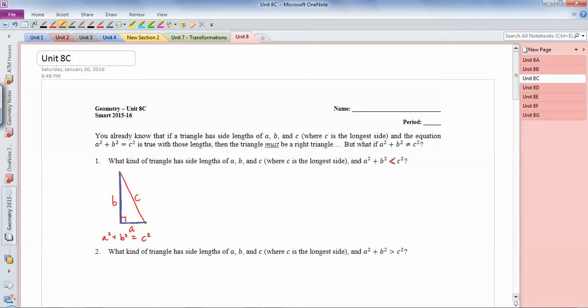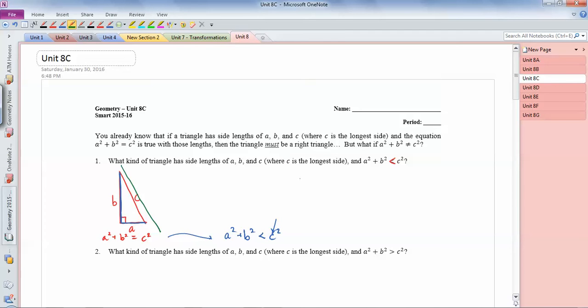So then the question is, what if you wanted to turn this into A squared plus B squared is less than C squared? One of the ways you could do that is by making C longer. If you made C a bigger number, then C squared would end up being bigger than the other side was. So if I left A and B the same size, but tried to make C longer, and A and B are locked in to a certain length, the right angle's not.